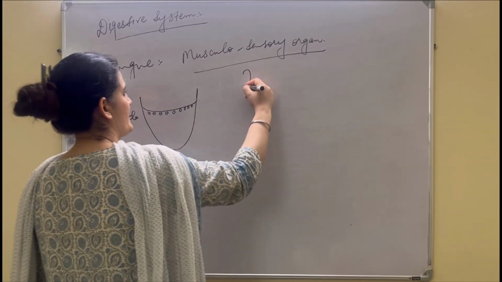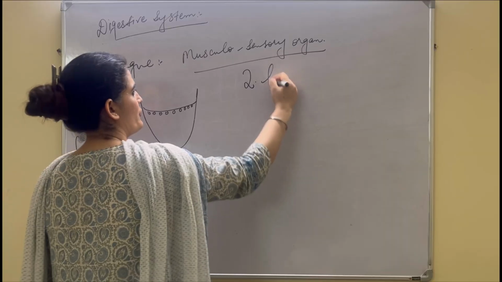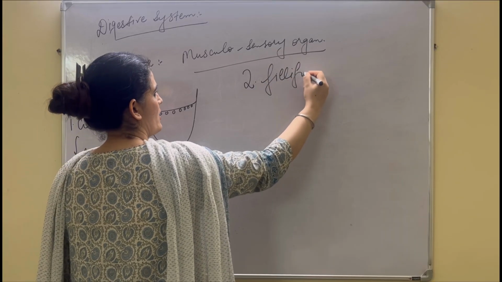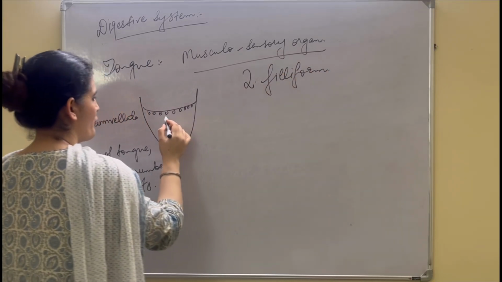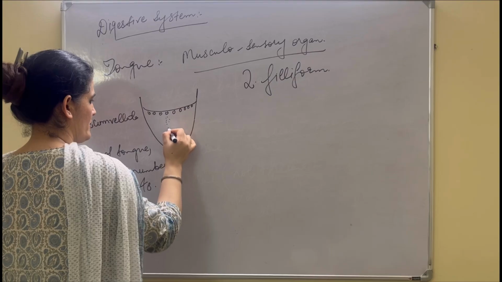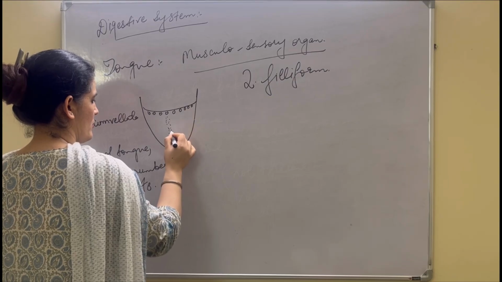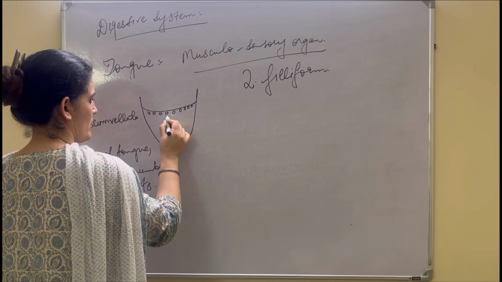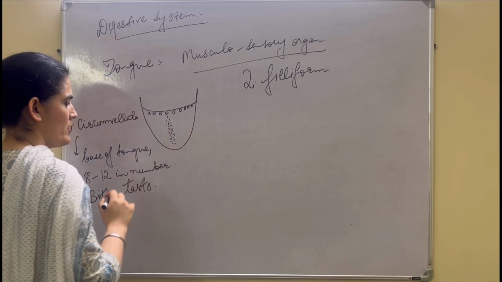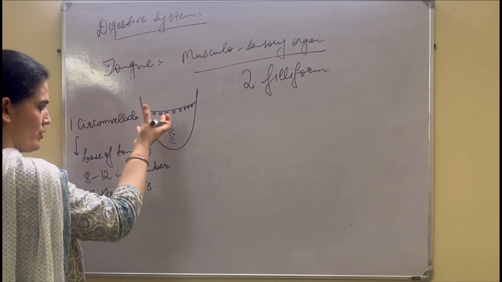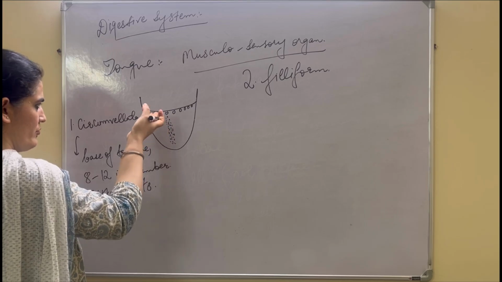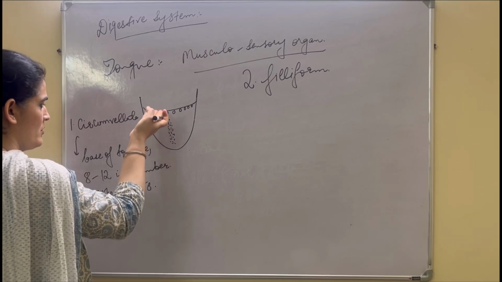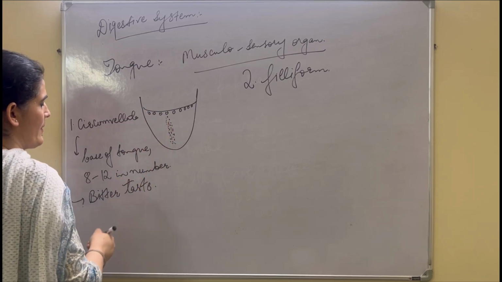Then we have the second one, which is filiform. Filiform papillae are present here, a little bit down from the circumvallate papillae.